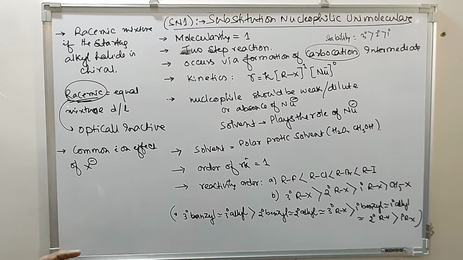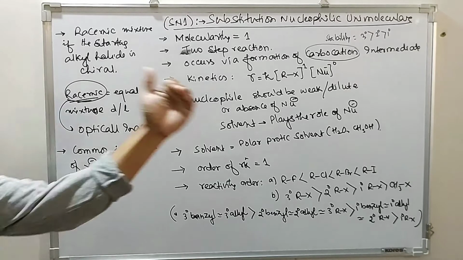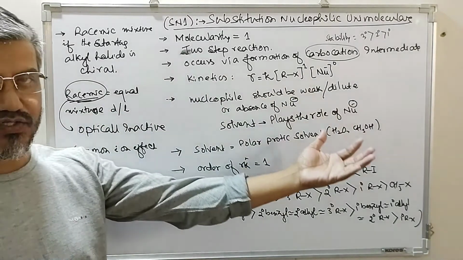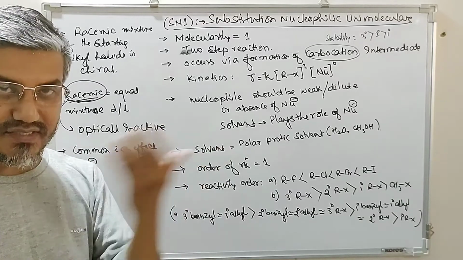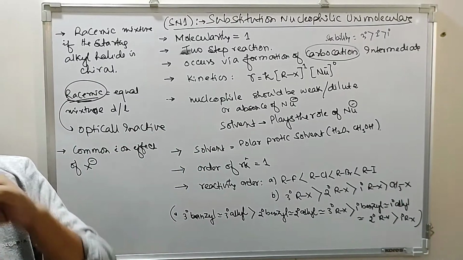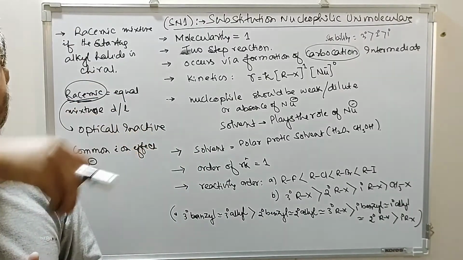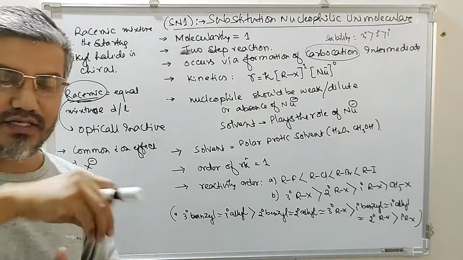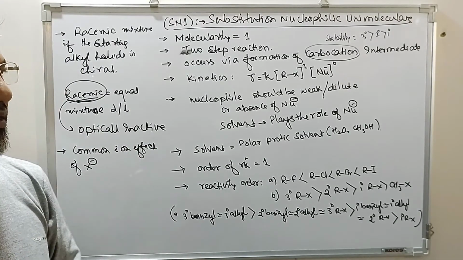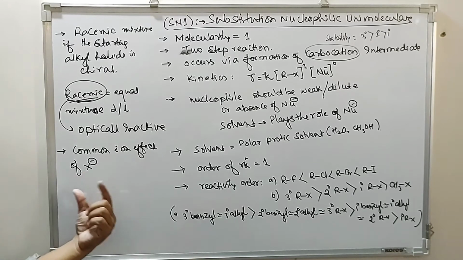That means in this reaction the R-X bond has to break, forming R plus and X minus. If we add X minus from outside, then the added X minus ion will show the common ion effect.